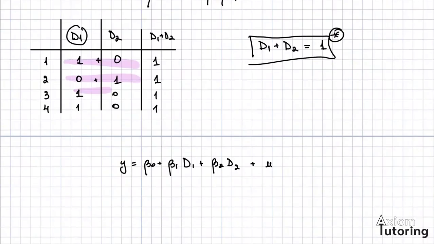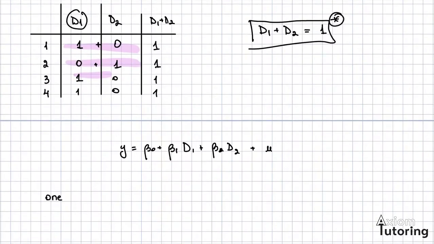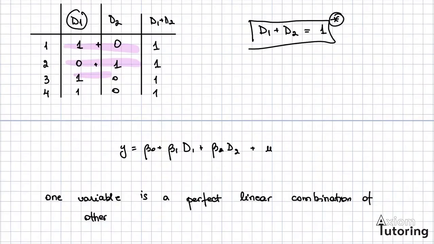The intercept is going to now be equal to 1 for every single observation, okay? So that means that since you have this relationship D1 plus D2 equal to 1, one variable is a perfect linear combination of other variables, okay?